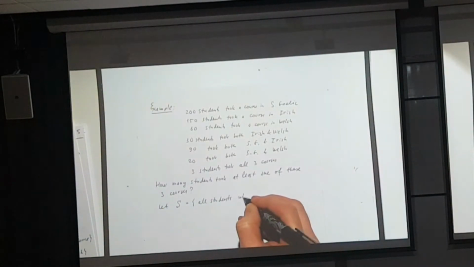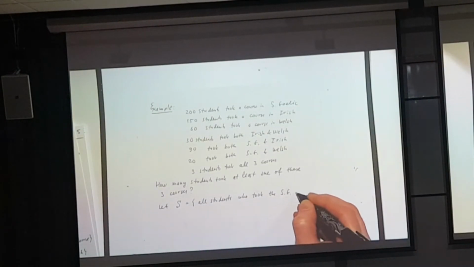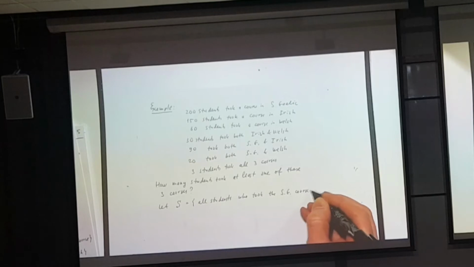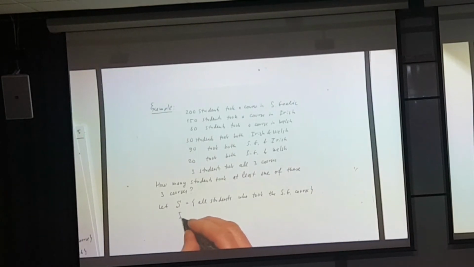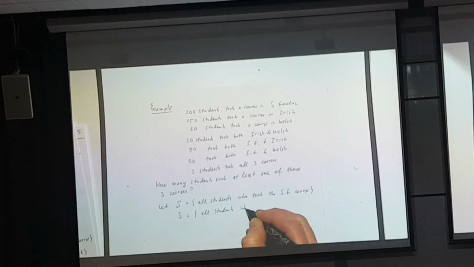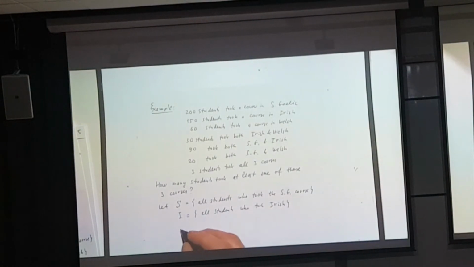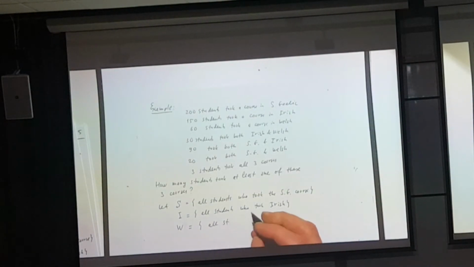Let us denote by capital I the set of all students who took the course in Irish. And by W, let's denote all students who took the course in Welsh.